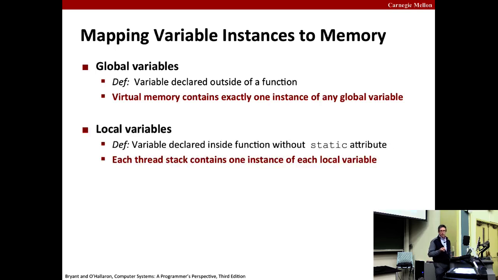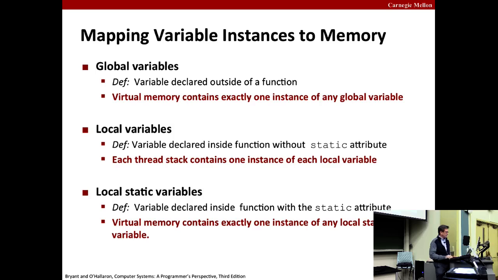Now, local variables are declared on the stack inside of a function without the static attribute. And so in this case, the stack for each thread will contain one instance of that local variable. Now, if variables are declared inside of a function with the static attribute, then the scope of that variable is limited to that function, meaning no other function can access it.